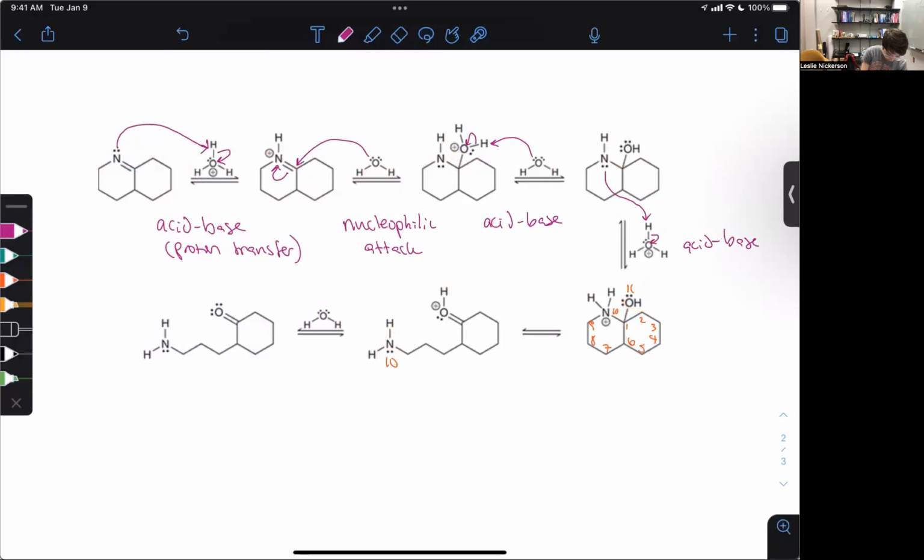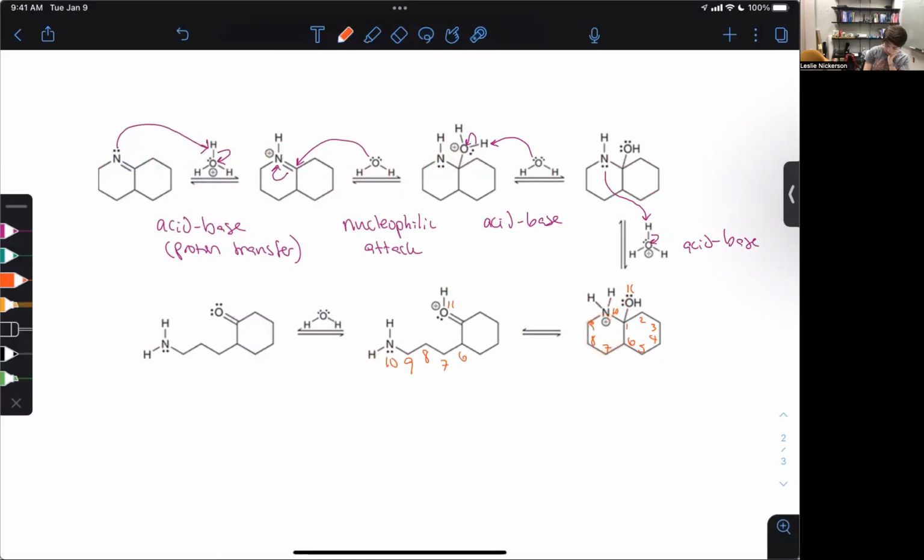Okay, so if I have these two, the nitrogen is connected to a CH2 over here, carbon 9. That probably has not changed. So this is probably 9, 8, 7, 6. That just looks like this whole piece kind of opened up, right?